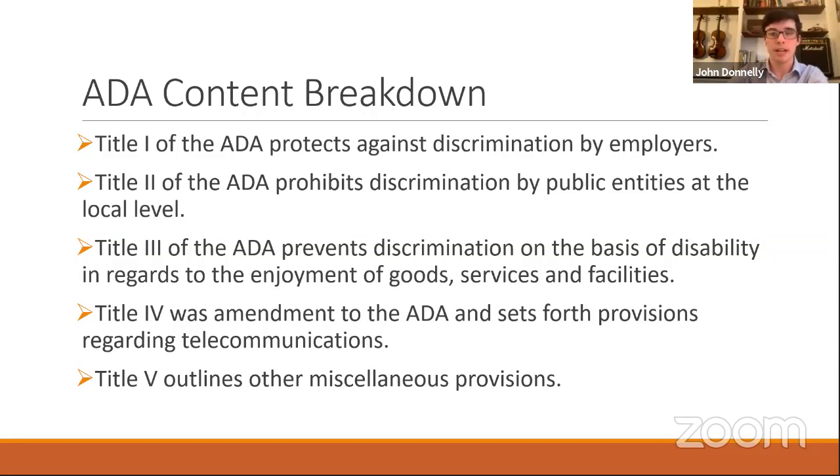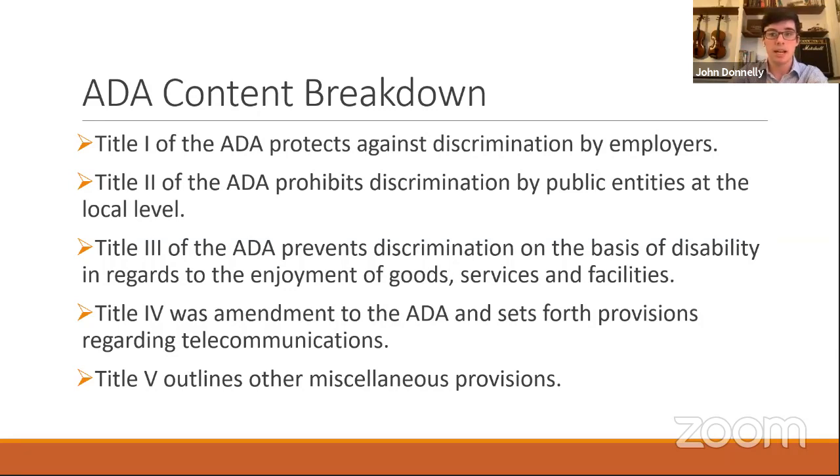And then Title III of the ADA prevents discrimination on the basis of disabilities in regards to the enjoyment of goods, services, and facilities. So a lot of the time, colleges, they're a service, and they also have facilities. So anything that pertains to colleges is usually in Title III of the ADA.